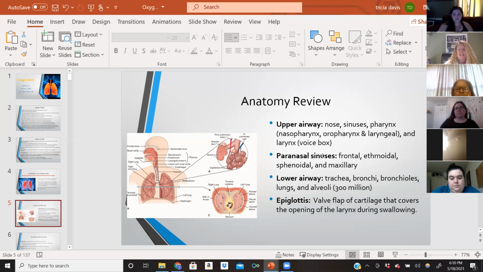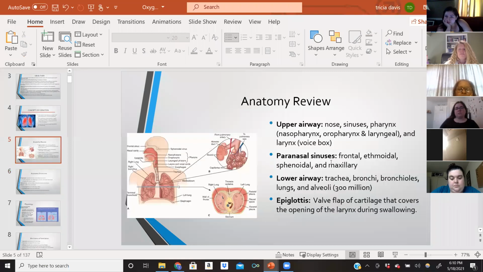Under our paranasal sinuses, we have our frontal, ethmoidal, sphenoidal, and maxillary sinuses. Our lower airway is going to include our trachea, the bronchi, the bronchioles, our lungs, and our alveoli. And then our epiglottis, that's that little flap of cartilage that covers the opening of the larynx when we swallow to protect any food from going down there.